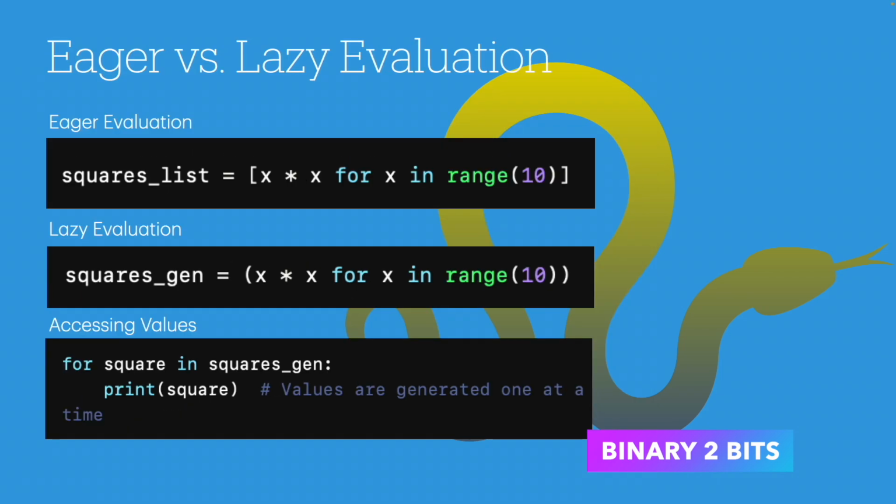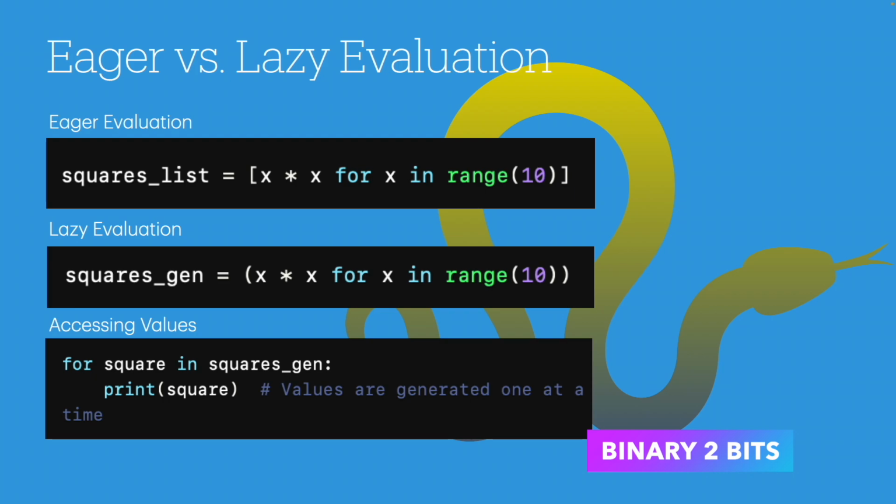Let's understand eager versus lazy evaluation. When we perform a normal expression, such as a list comprehension or any operation, that is eager evaluation. At the same time, the data is generated and stored in memory.